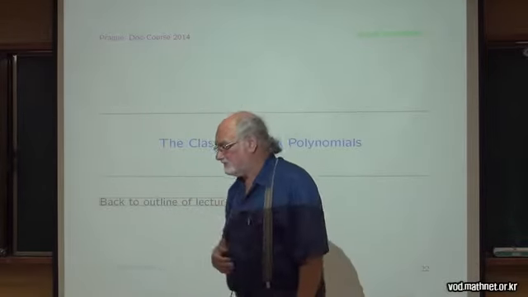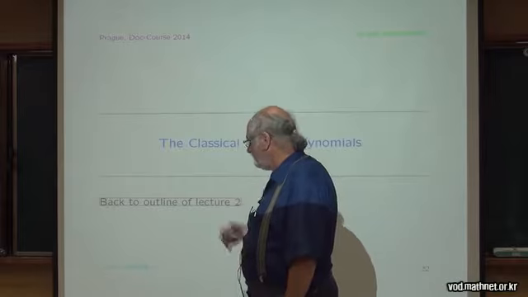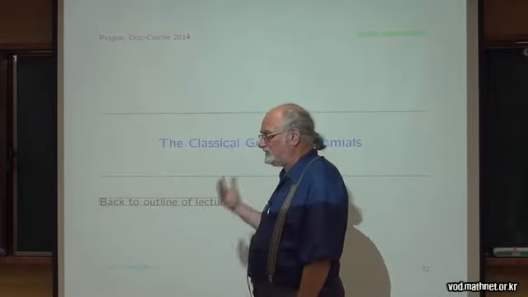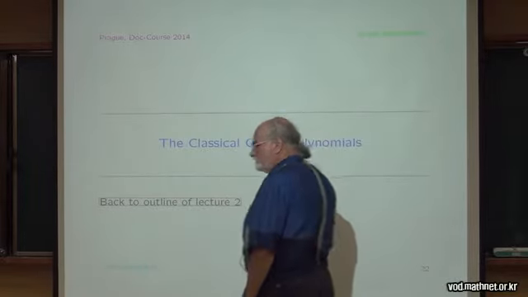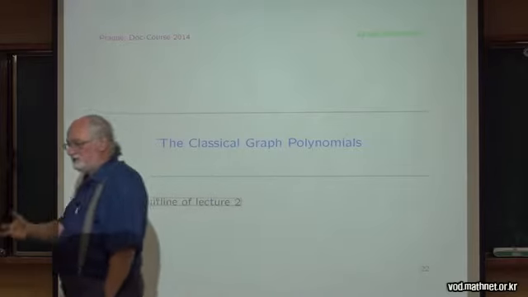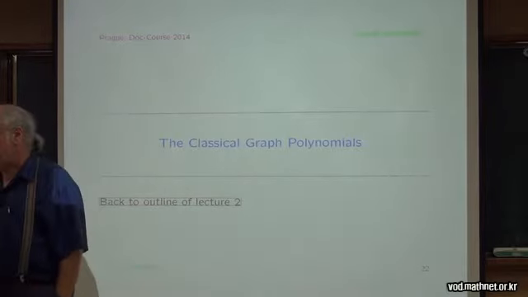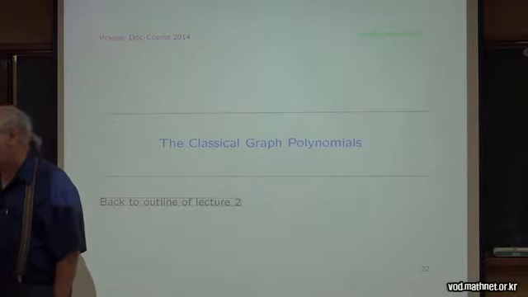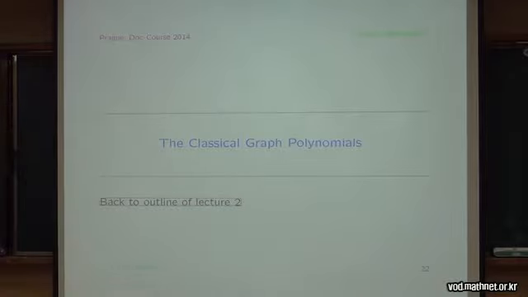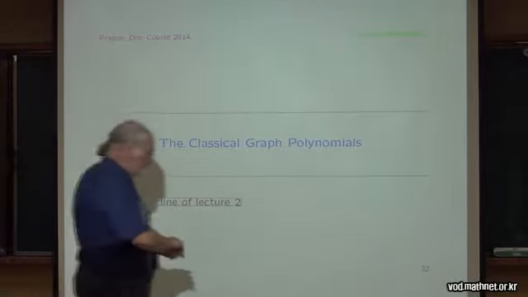These are the slides I had last time. There is a question of complexity. Given a graph, how difficult is it to compute the chromatic polynomial, or rather the coefficients, or rather evaluations? So you look at the chromatic polynomial in this way.